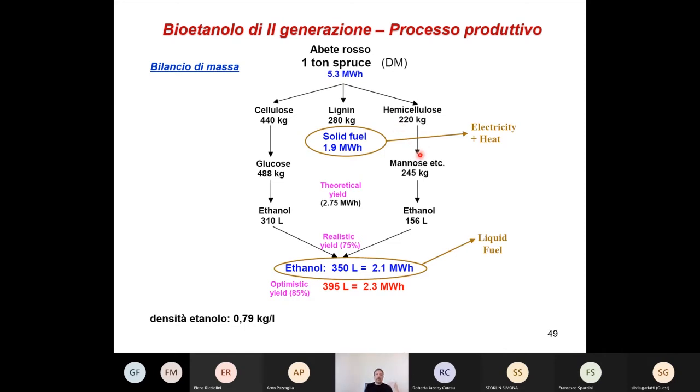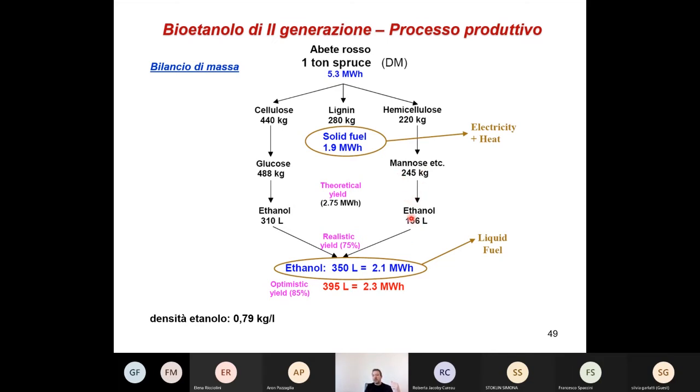If you have 22% of hemicellulose, 220 kilograms, you have the hydrolysis to obtain simple sugars. This is the weight, 245 kilograms.